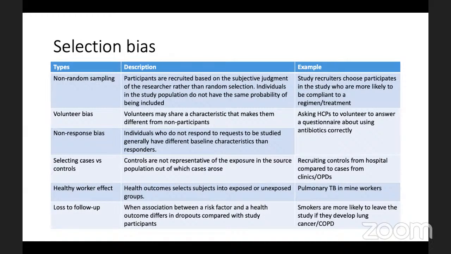Another type of selection bias is the healthy worker effect, which occurs because healthy individuals are allocated to work with higher exposures as opposed to workers who get sick due to their work exposure and are moved out. So this reduces the association between an exposure and a health outcome. So an example would be if we looked at pulmonary TB in mine workers.